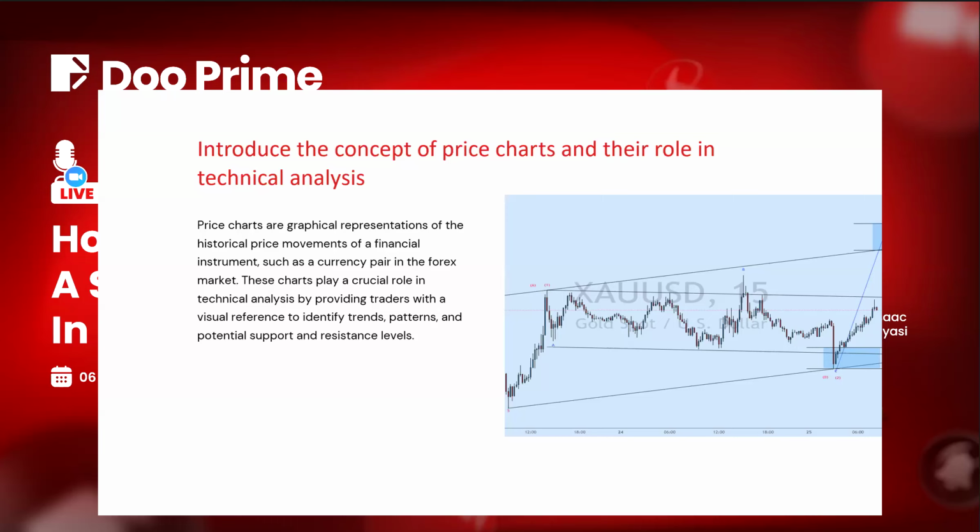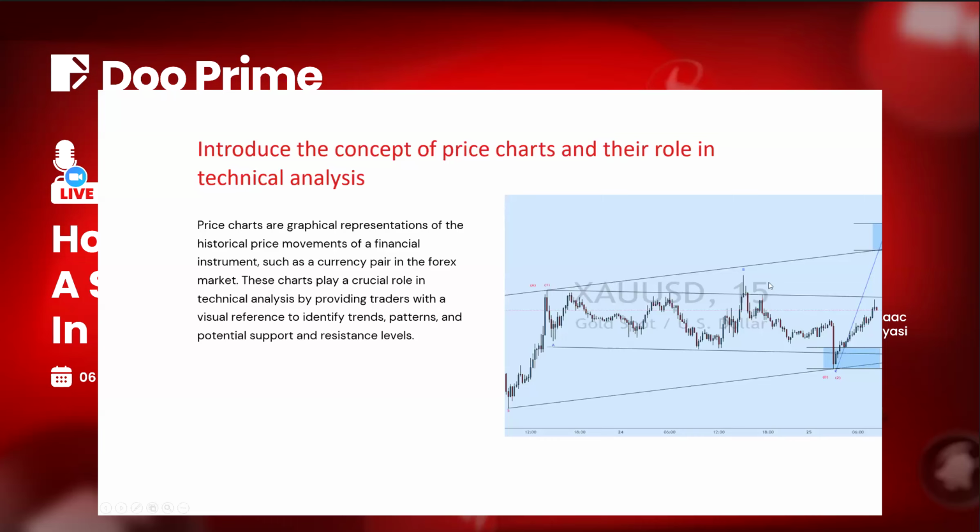We have the line charts, we have the histogram, and then we have the bar charts. We even have Renko charts. We have so many of them, but the most popular ones are the line chart, and then the candlesticks, followed by the bar chart. These are the most popular ones. But we have other ones like the Renko chart, and some others.